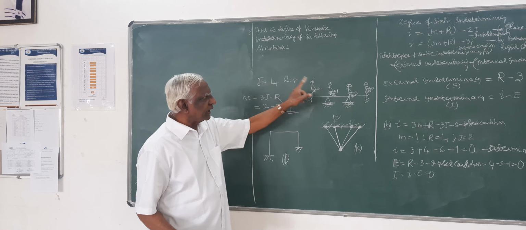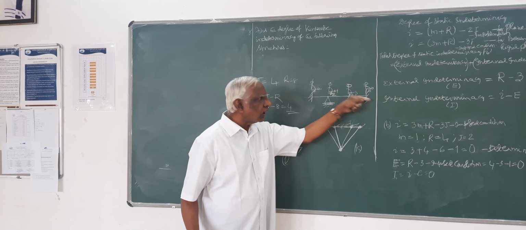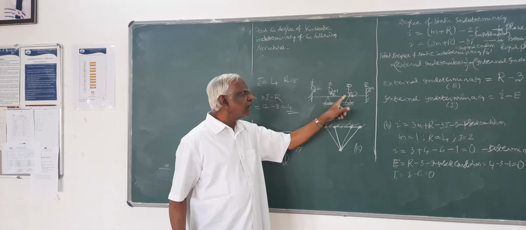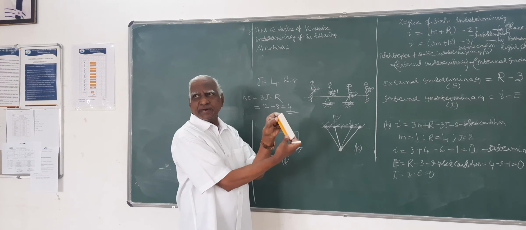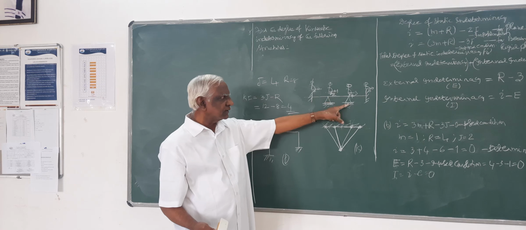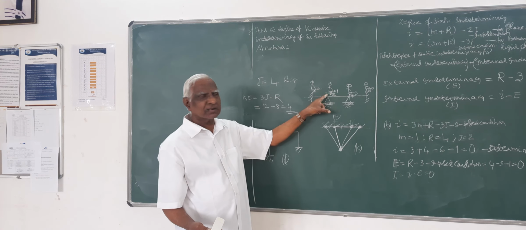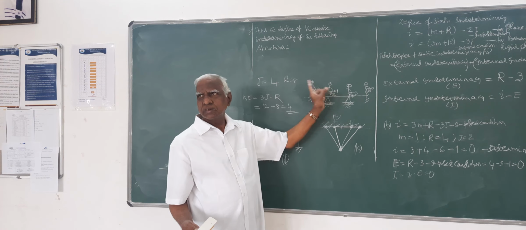Here no displacement, here no displacement, here horizontal displacement is there because of the roller, and rotation is there. Roller end it can rotate. Here, since it's also a roller, horizontal is there, rotation is there. So 1, 2, 3, 4. Here 0, 0.